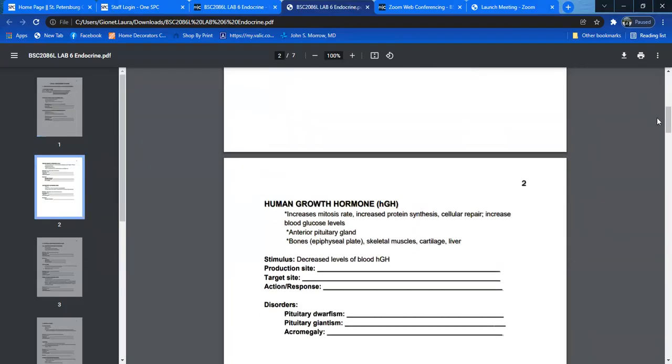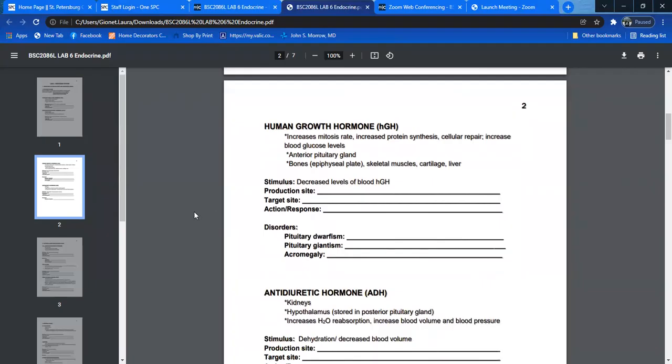Okay, then we have human growth hormone. For human growth hormone, the stimulus is decreased human growth hormone levels in blood. Sorry about that. Right, so again, we have fluctuating levels of human growth hormone, and we will secrete more from the anterior pituitary.